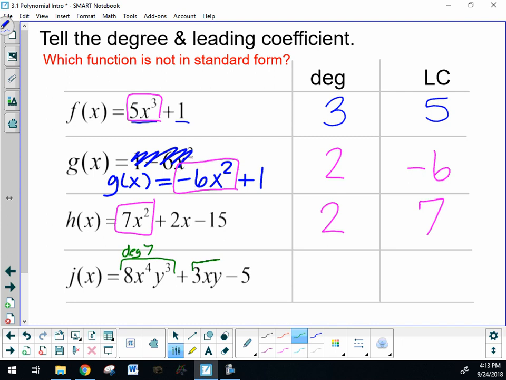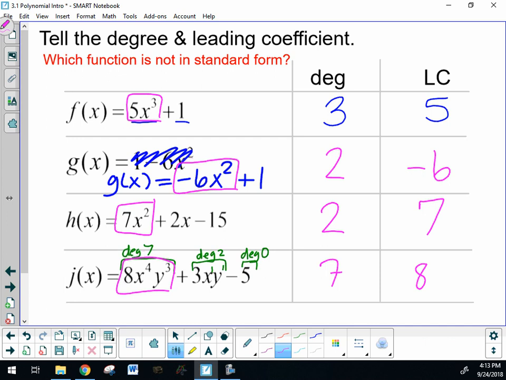This next term, it has x to the power 1 and y to the power 1, so it is degree 2. And the last term, the negative 5, is degree 0. So the degree of the polynomial itself will be based on this leading term. Its degree is 7, and its leading coefficient is 8.